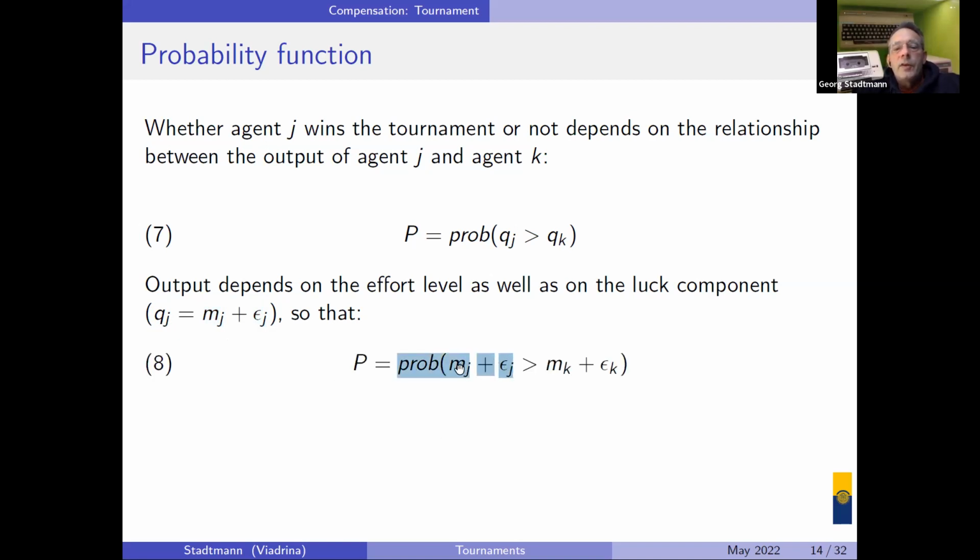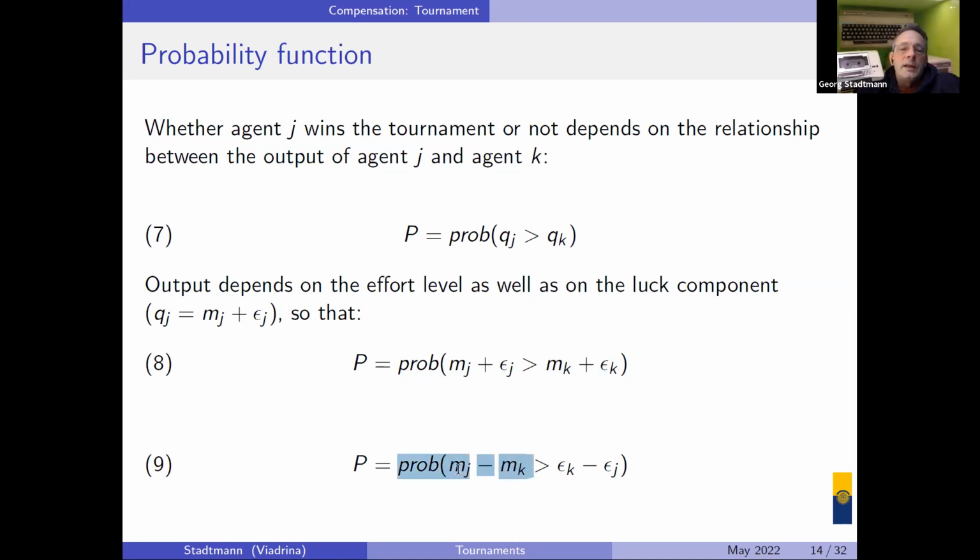Therefore, when we insert this for agent J and also for agent K, we know that agent J will win this competition in case that his output, which is given by the effort level plus the luck component, is larger than the corresponding elements for agent K. We can write MK on the other side of the inequality and epsilon J on the right-hand side of the inequality.